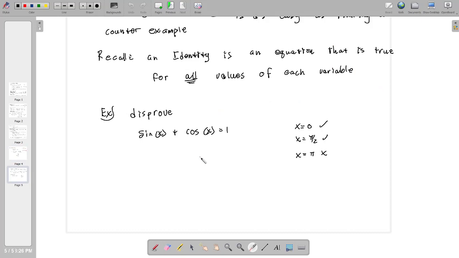You cannot prove an identity by testing points. It is impossible. You would have to test literally every single value, because an identity is an equation that's true for all values, which would mean you'd have to test infinitely many x values in order to prove an identity, which is obviously impossible.